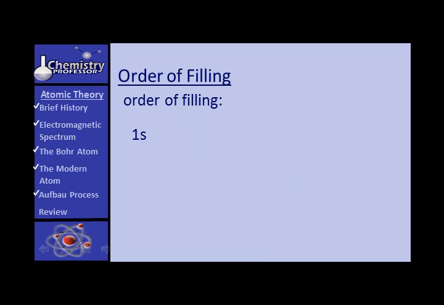Write down 1s. Now, come down a line and come over and write down 2s, and then 2p. And come down a line and come over again, indent again, and write down 3s, 3p, and 3d. Come down, indent, write 4s, 4p, 4d, and 4f.